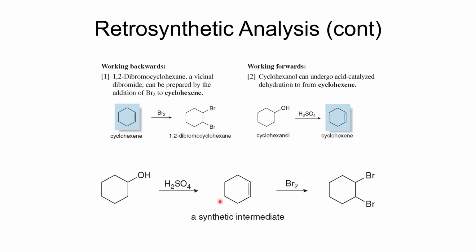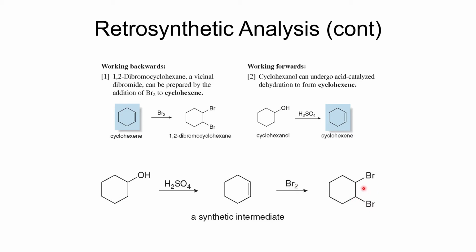So it's not like you take this, put it into a flask, and then add some bromine to make this work. That's not how that would work. You would produce this compound, make sure it's purified, characterize it, do all that stuff, and then once you have that compound, add bromine, and you would get the 1,2-dibromocyclohexane.